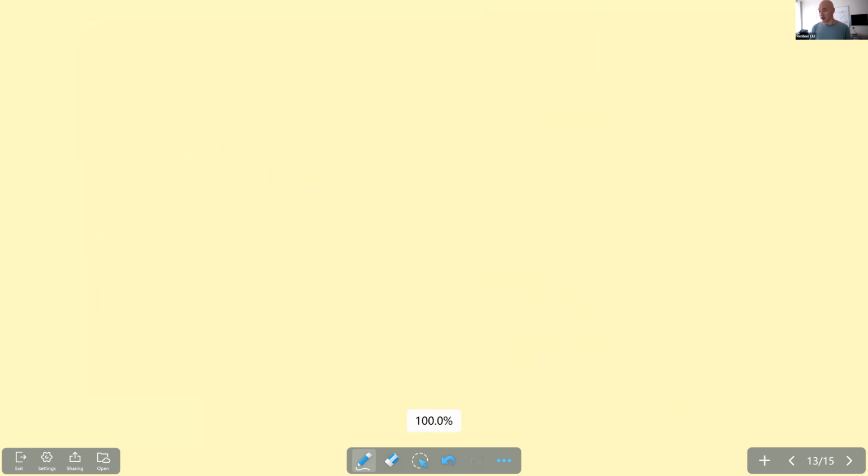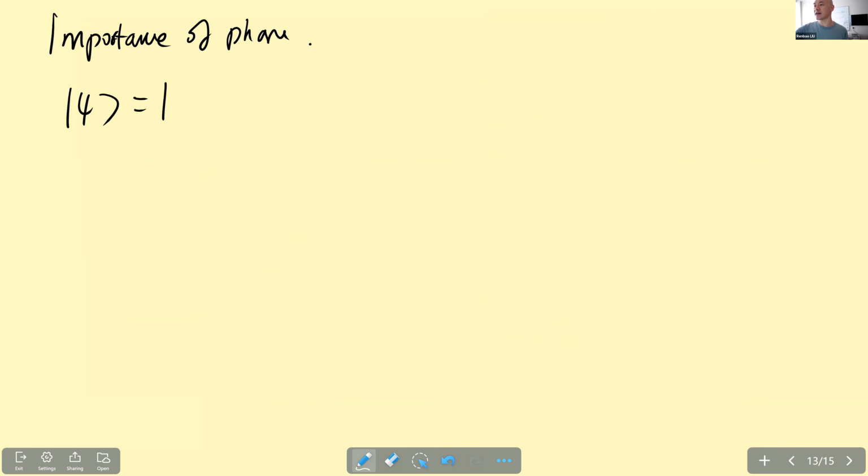Okay. Another importance of phase. Okay, let's consider a state, for example, 1s plus, say, 3d xy. Okay, so this function is something like this one, right? But this function is something like this one.